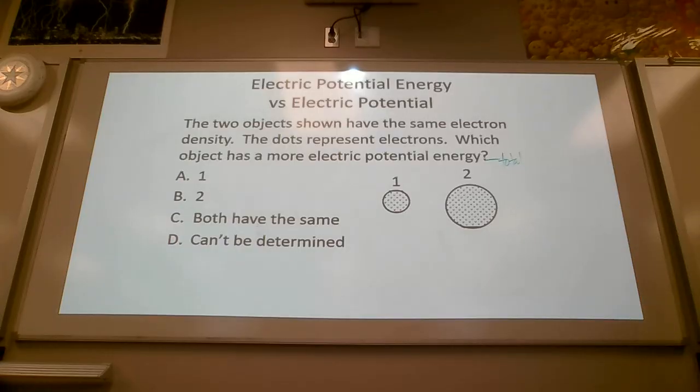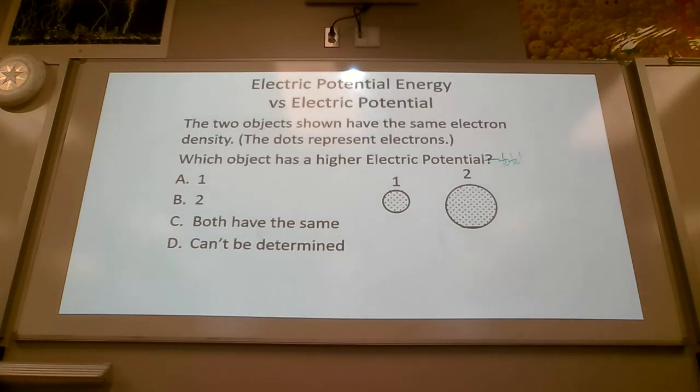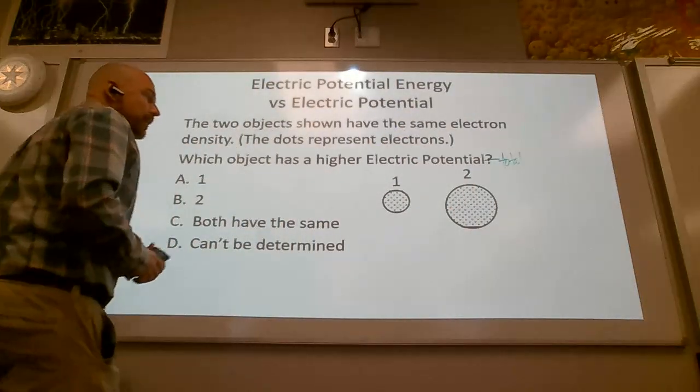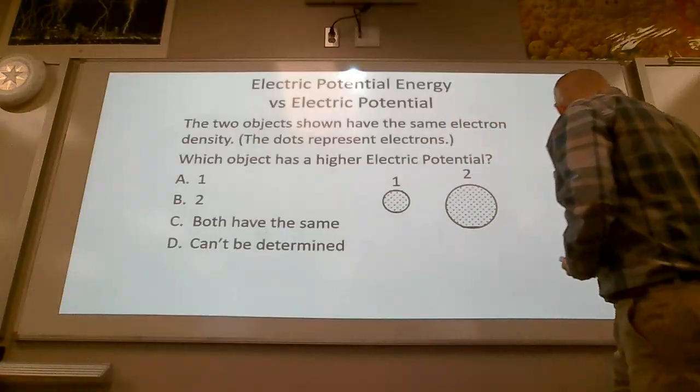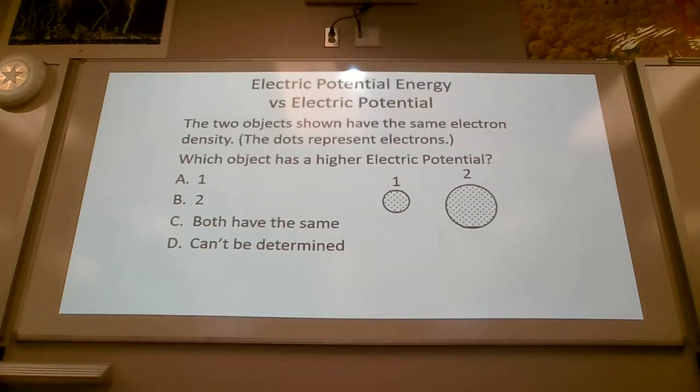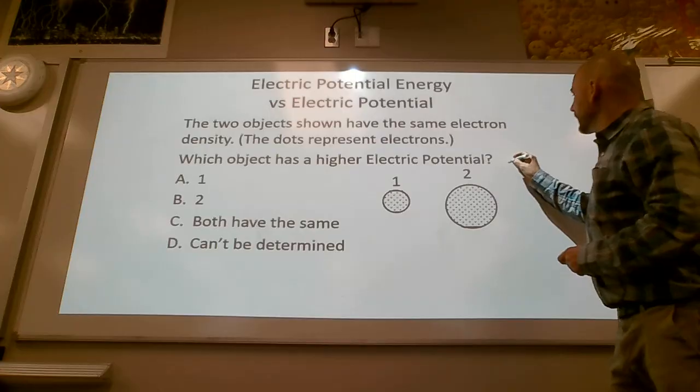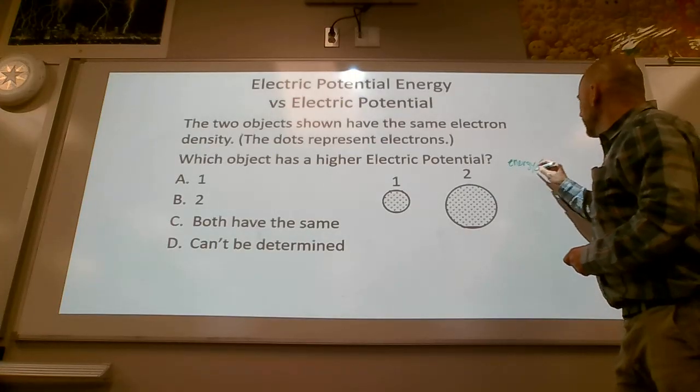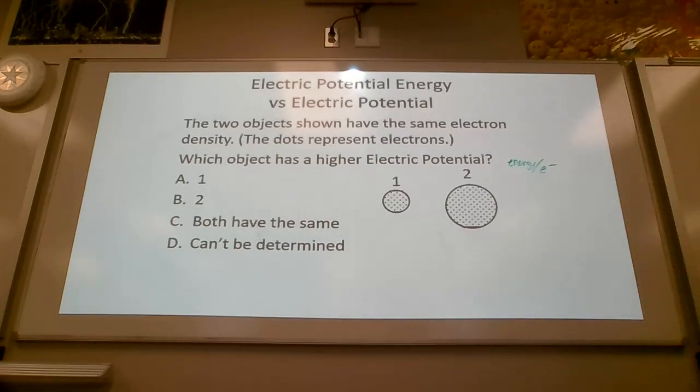Okay. Versus electric potential. Tell your neighbor. Correct answer is C. This is energy per electron. Okay. How crowded they are.